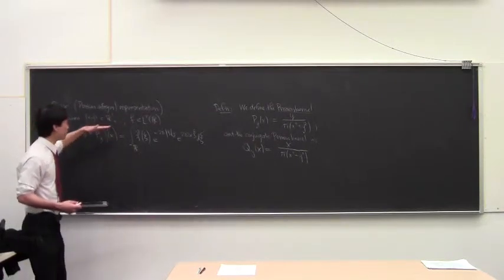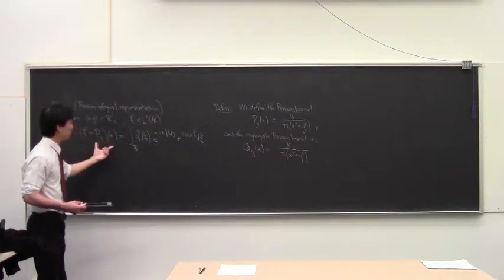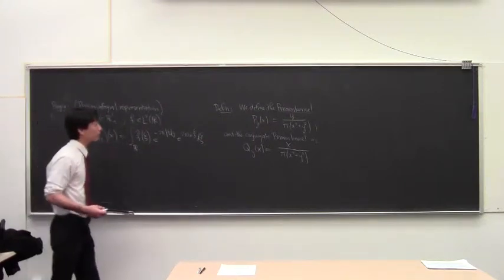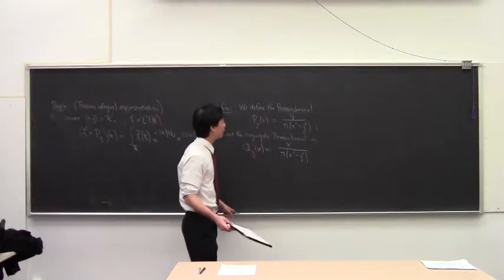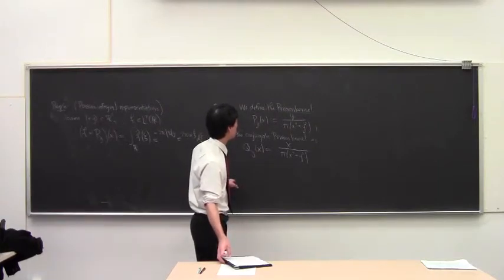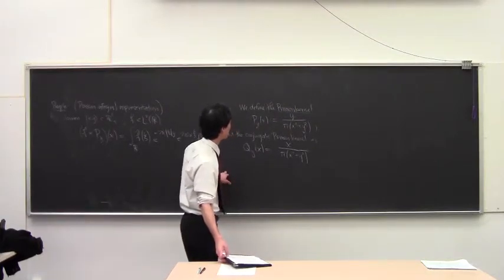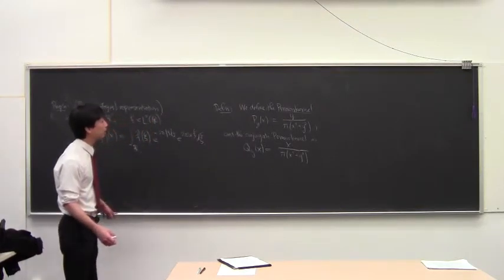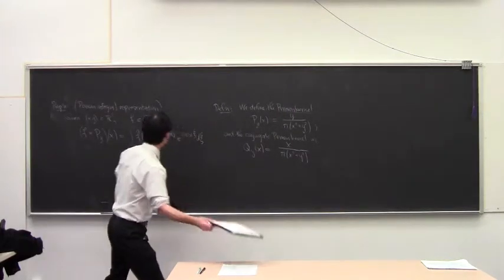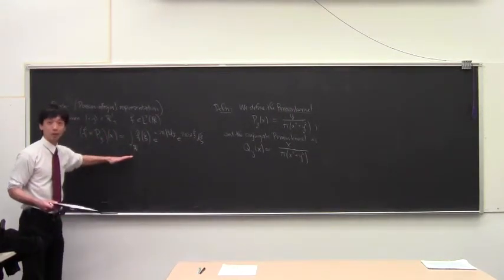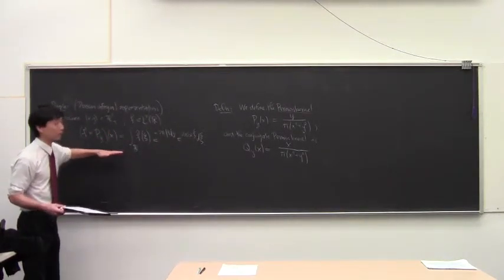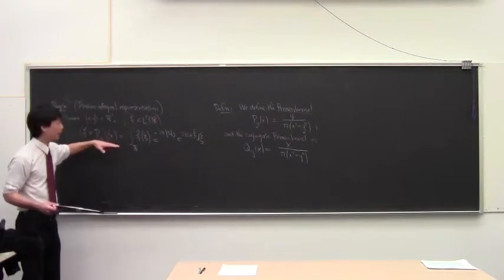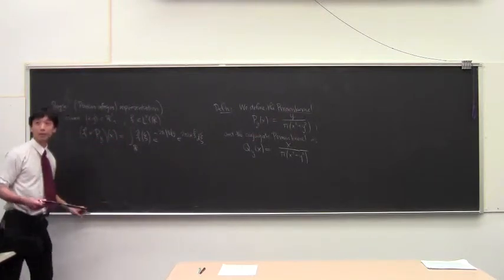As y tends towards 0, the Poisson kernel becomes more like the Dirac delta function, and so you're going to recover your function.